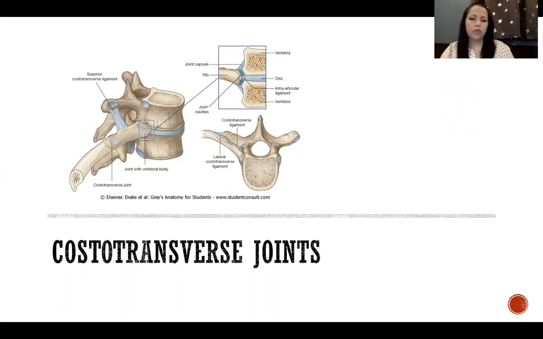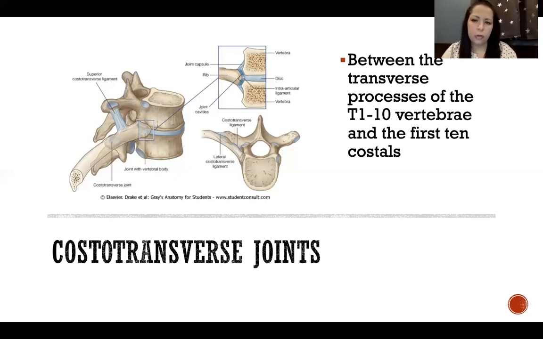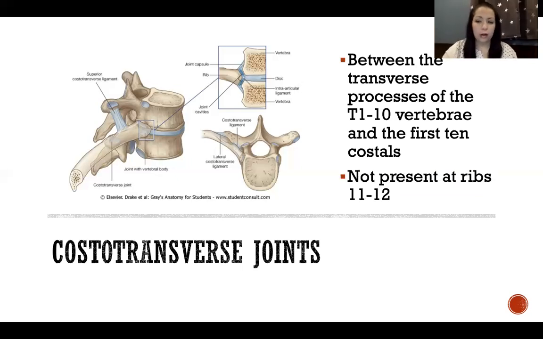Then the costotransverse joints are the articulations between the transverse processes and the ribs. Now, this only applies to the first 10 ribs, so this is happening at T1 through 10. The floating ribs, the 11th and 12th ribs, do not have this extra articulation.